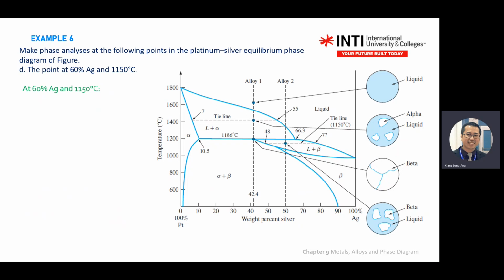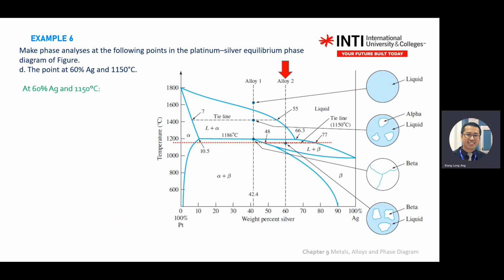Point D is 60%, 1150. Repeat the same: go to 60%, draw the temperature line. 60% is alloy 2, at 1150 around the red line that I drew.